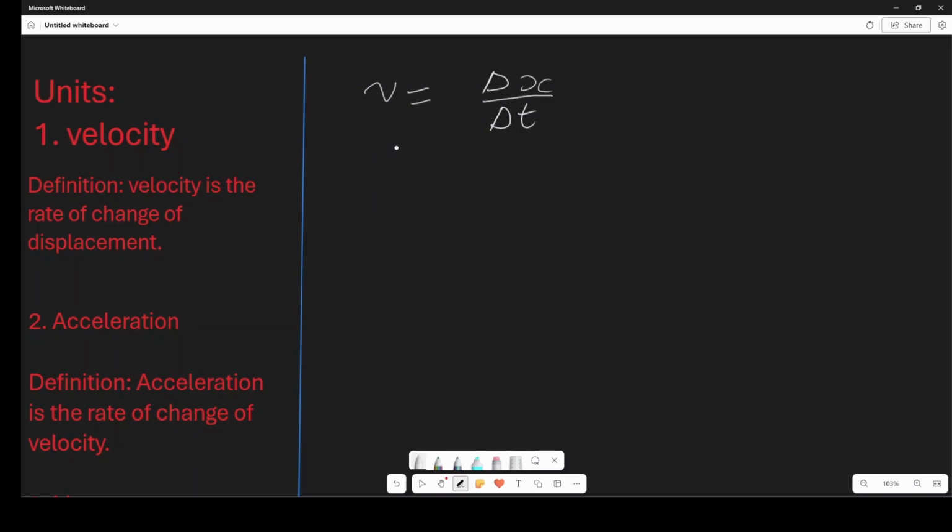So then we have velocity as the rate of change of displacement. Okay, the units of velocity should be, well, what are the units for displacement? The units are meters over the units for time, which are seconds.